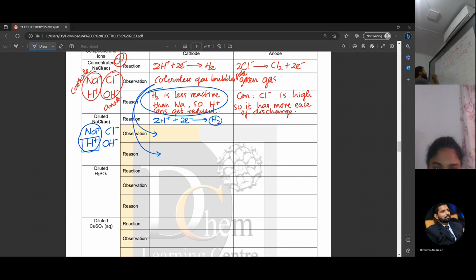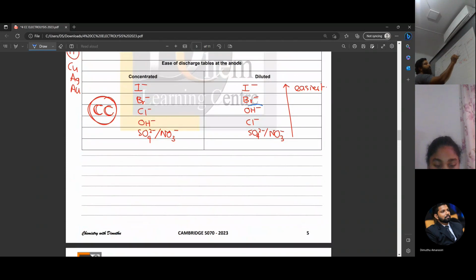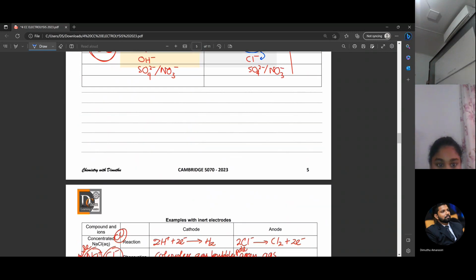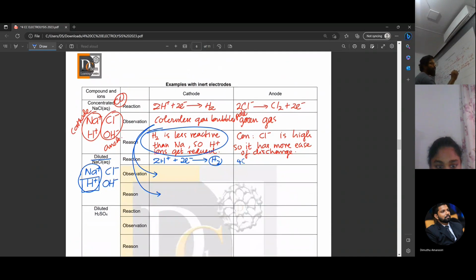And here, in diluted, we learn that hydroxide ions have better ability to discharge rather than chloride ions. So it's going to be 4 hydroxide ions producing 2H2O plus O2 and 4 electrons. Now it's a new one.